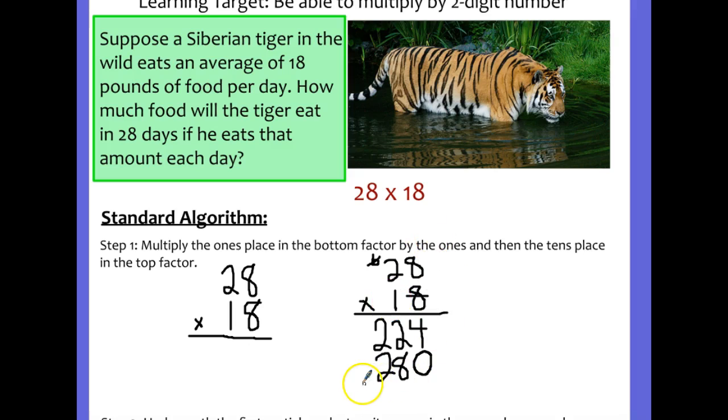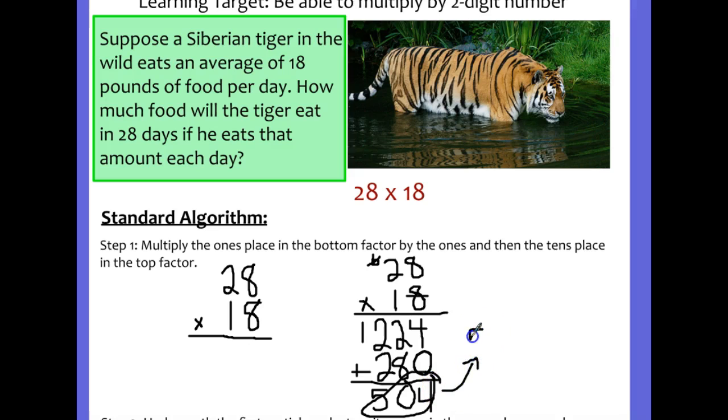All right, so I now have two partial products, 224 and 280. I'm going to go ahead and add them together to find my final product. And my final product is 504. Oh, goodness. So I'm going to redraw that. Okay, my final product is 504.